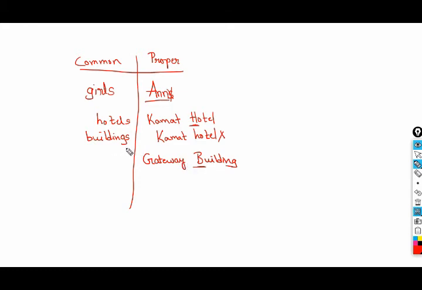So in general, even if it is a common noun, just because it is part of the name here, it has to be written starting with capital letter. And no matter how many words you write in a name, all of those words should start with capital letter. For example, let us say there is the name of a building called Rajat Ram Building. So here we have 3 words, but all the 3 words should start with a capital letter.